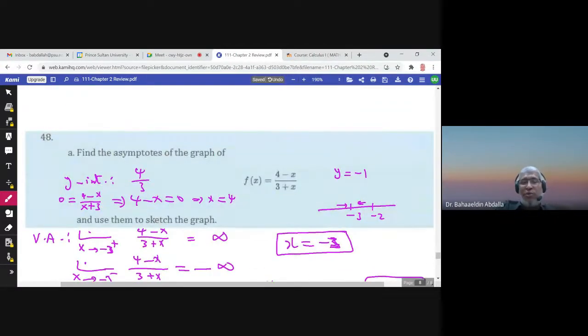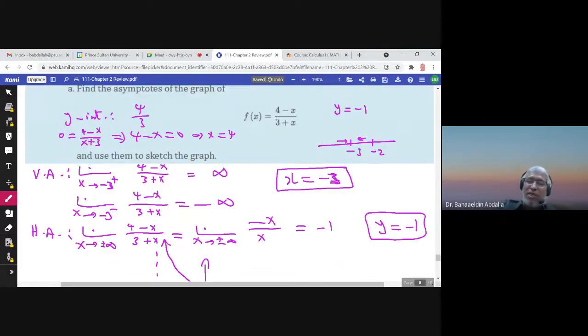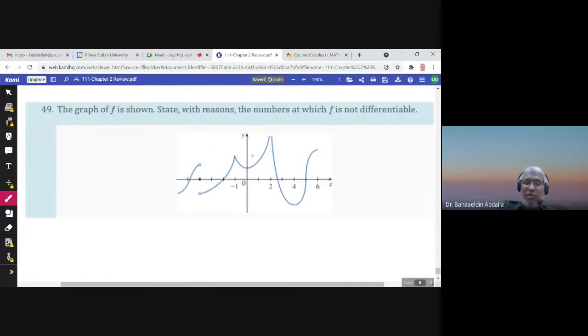So let me put 4 minus x over x plus 3 equals negative 1 over 1. Cross multiplication, so 4 minus x would be equal to negative x minus 3, because you multiply x and 3 by negative 1. Now negative x cancels with negative x because you can add x to both sides, and 4 equals negative 3 is not possible. So there is no intersection point between the graph and the horizontal asymptote.